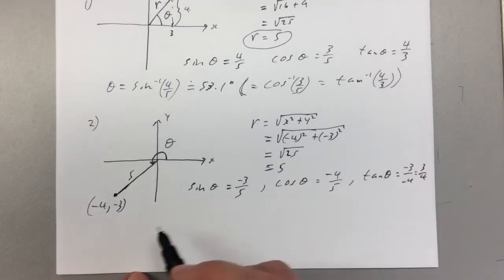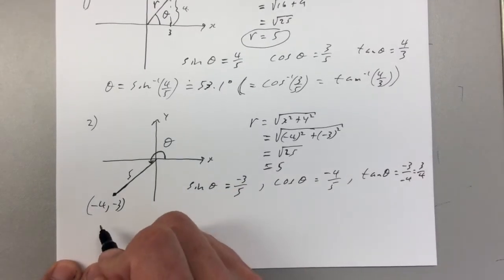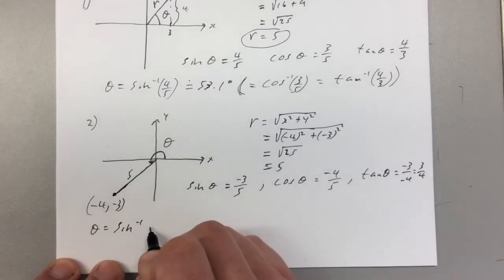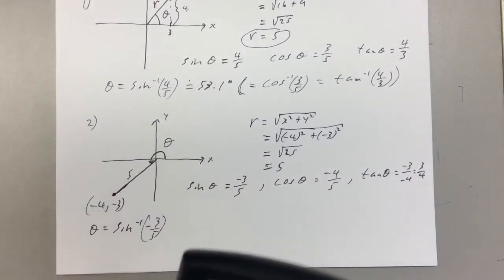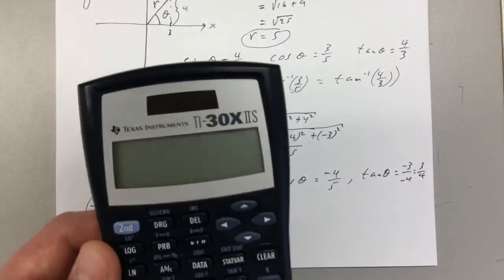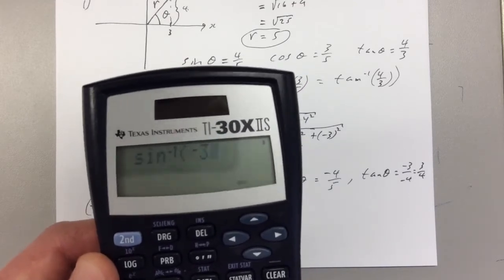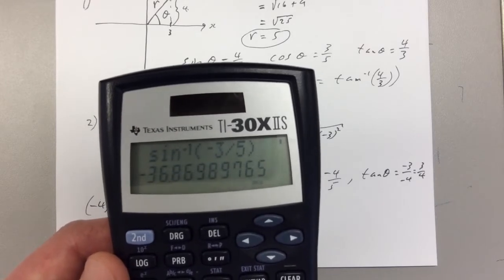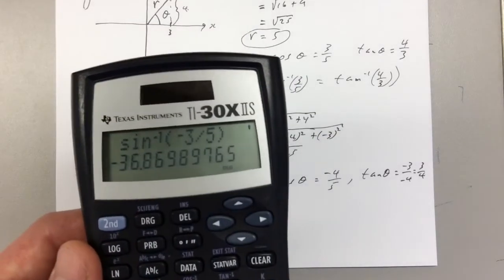Now on your calculator, if you try to find this angle by using sine inverse, we're going to have a bit of a problem. Okay? So if you want to find theta equal to sine inverse of -3 over 5, on your calculator you get sine inverse -3 divided by 5, and you'll get -36.869 degrees, which is clearly not the answer.